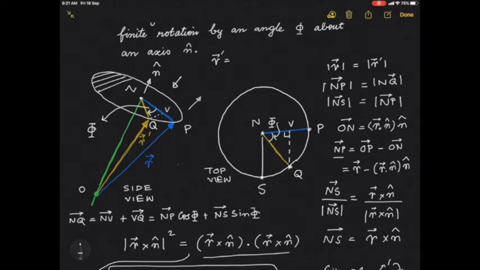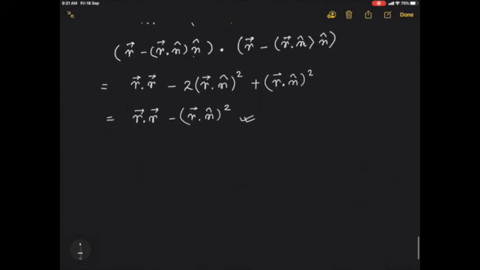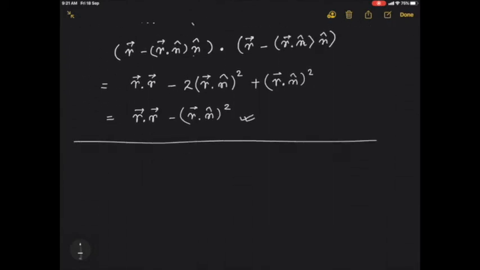The r prime is OQ, the vector OQ, which is nothing but vector ON plus the vector NQ. And NQ I have just written here. So let me now substitute. So I will write ON plus NP cos phi plus NS sin phi.